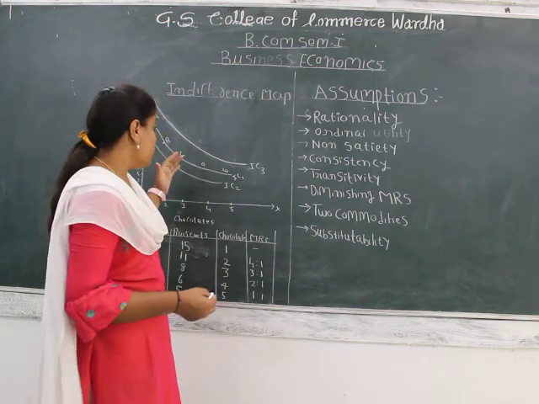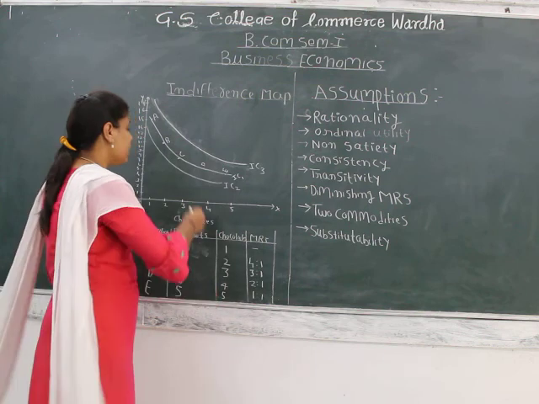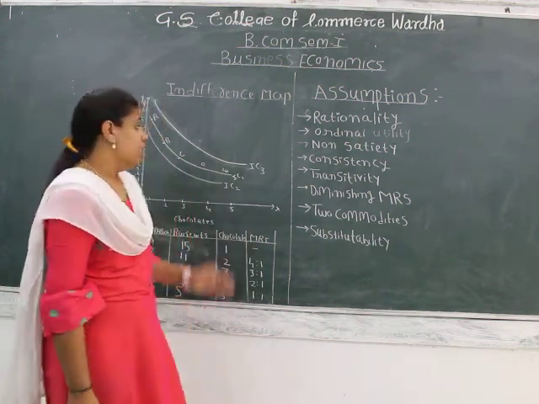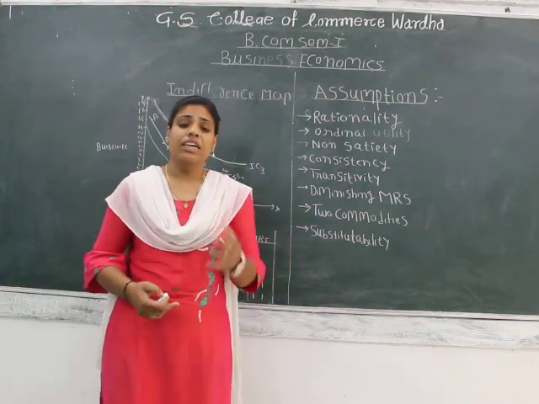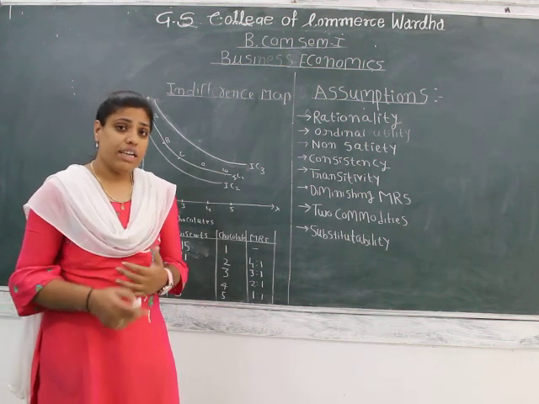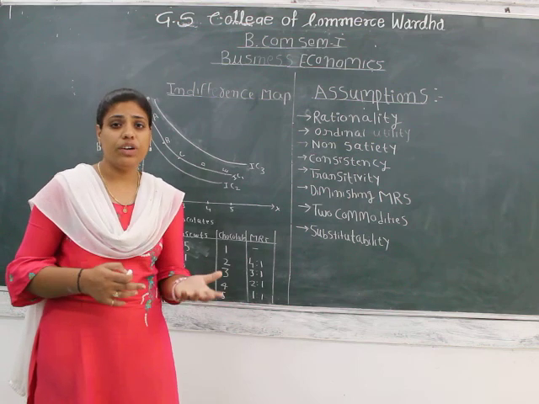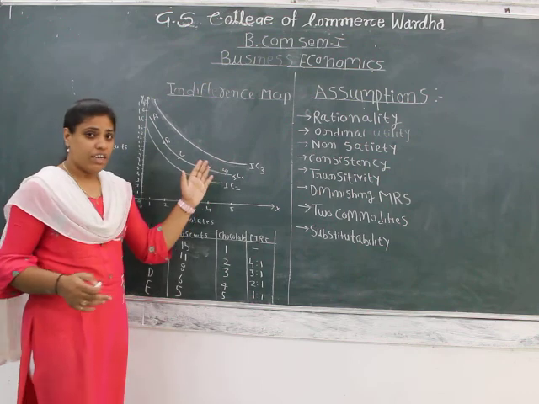So from this, one thing can be understood: the consumer is indifferent towards the combinations which lie on the same indifference curve. Why is it so? Because the combinations lying on the same indifference curve give an equal level of satisfaction. Therefore, the consumer is indifferent towards any combination lying on the same indifference curve.